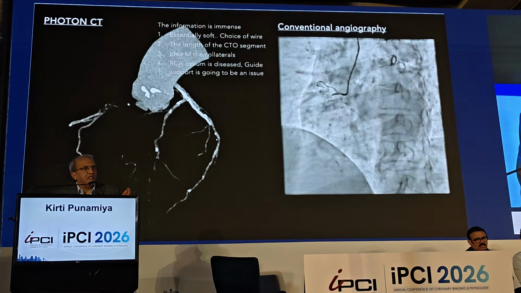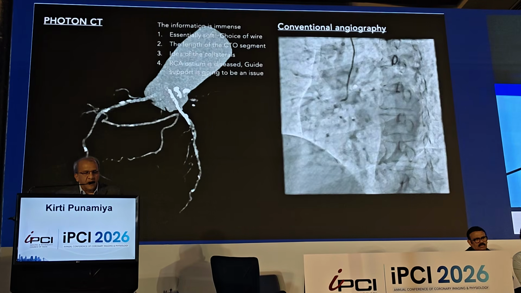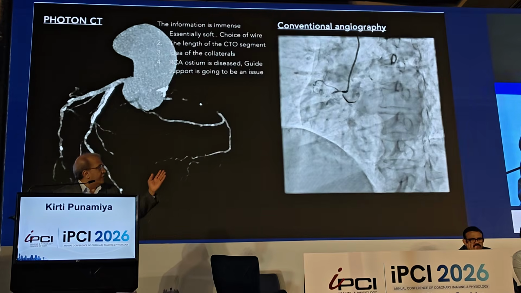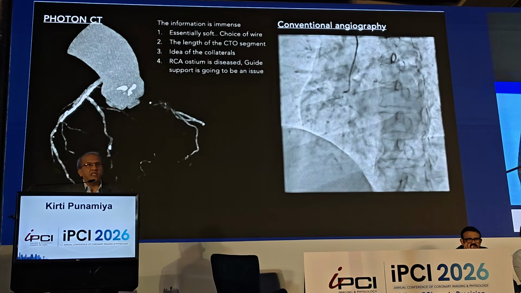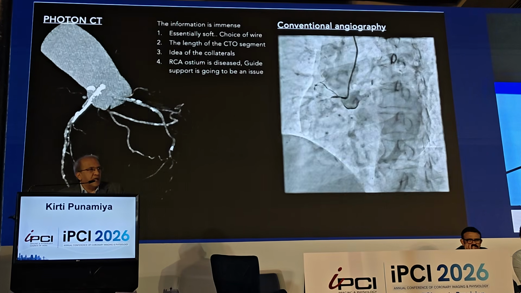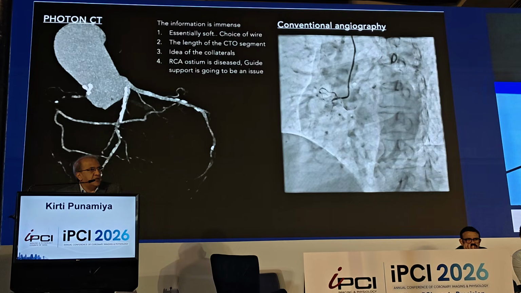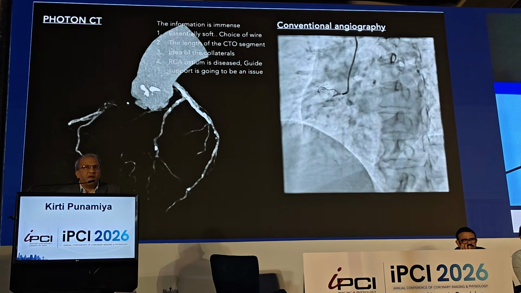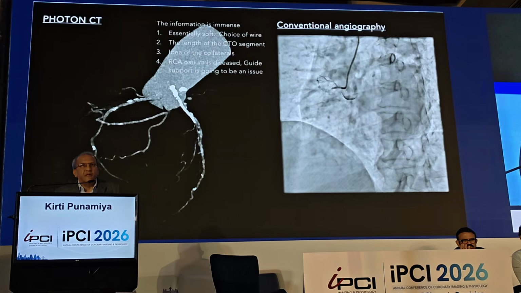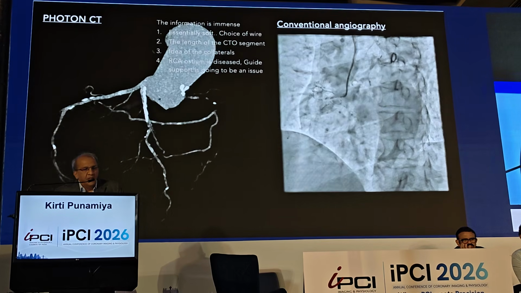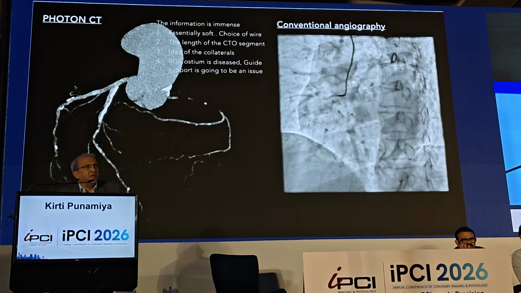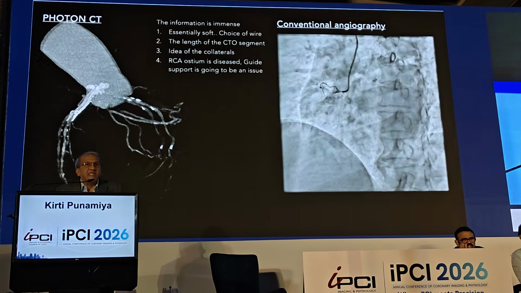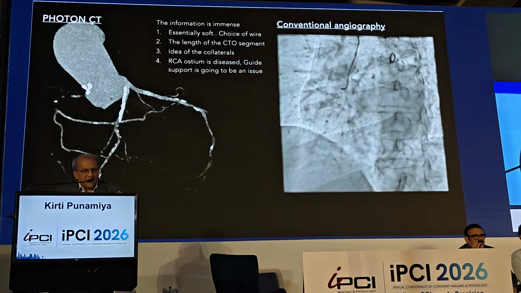If you look at the right coronary angiography, which is your conventional angiography, on one end, and the CT, it is no rocket science to know that the information you got from the CT is far superior than the angiography, because the angiography beyond the CTO segment is blind. The CT is not.